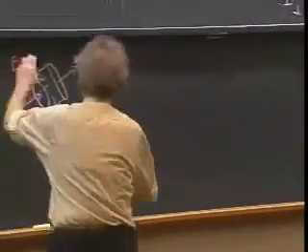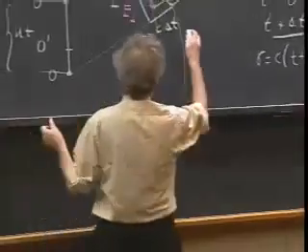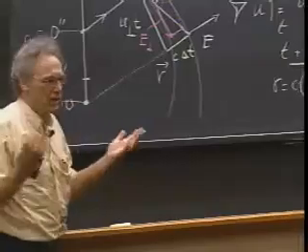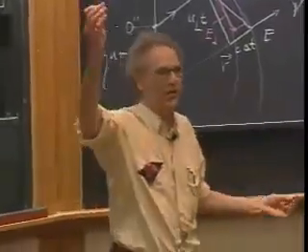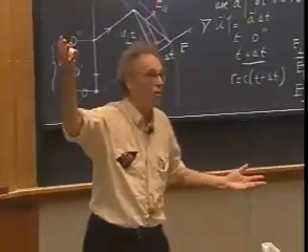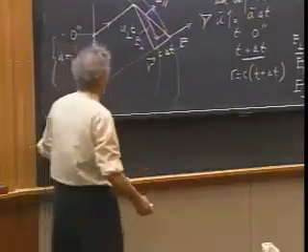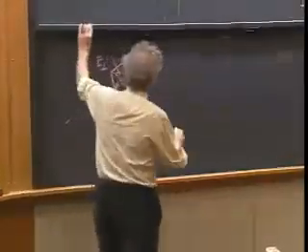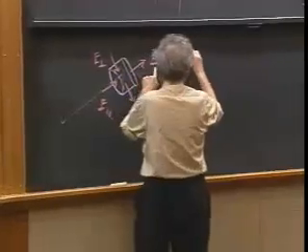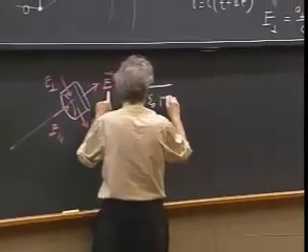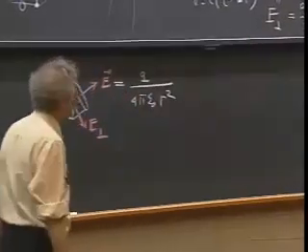But I do know what this E field is. That is 802. If someone tells you that I have a charge sitting there, what is the electric field at a distance r? That is Coulomb's law. Just as simple, it's not Coulomb's law, it's Gauss's law. But in any case, you will find very easily that this E vector is Q divided by 4 pi epsilon 0 r squared. It falls off as 1 over r squared.